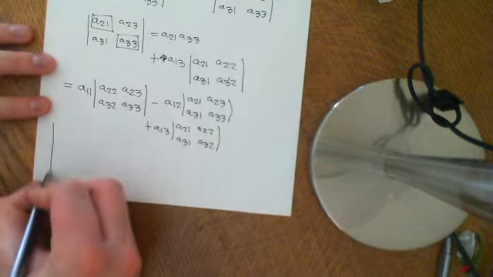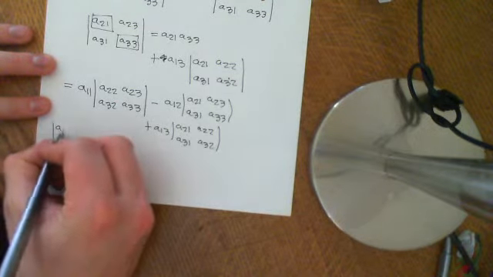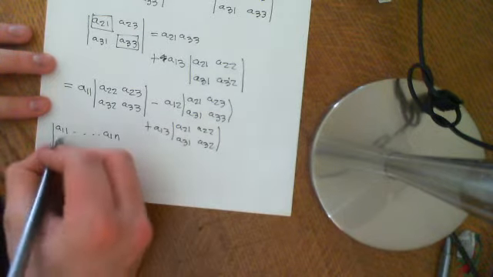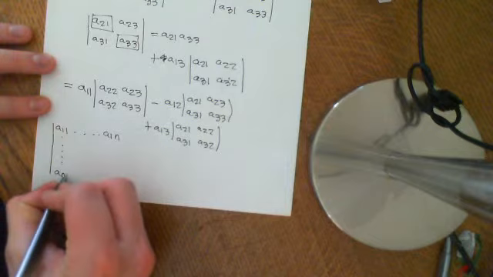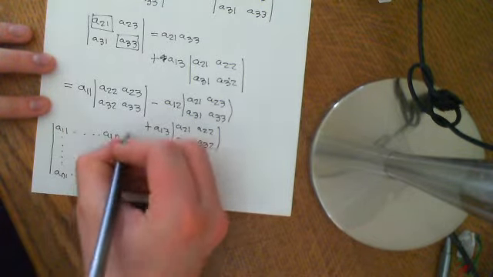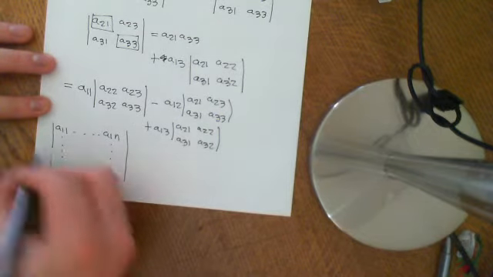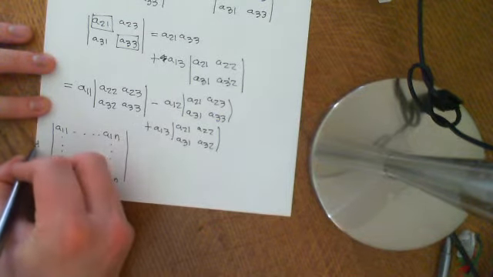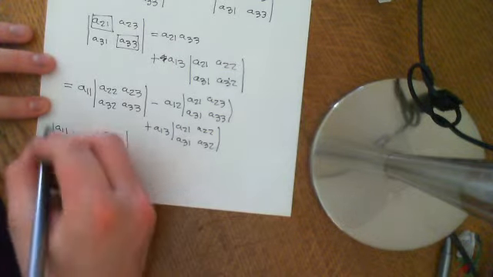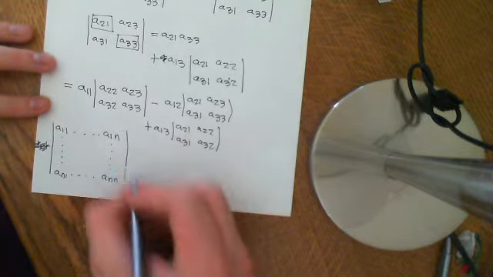So for instance, if I take the matrix A11 all the way up to A1n, all the way down to AN1, along the way to ANM, then if I take the determinant of that matrix, I've put the vertical line, so I don't need to write det.